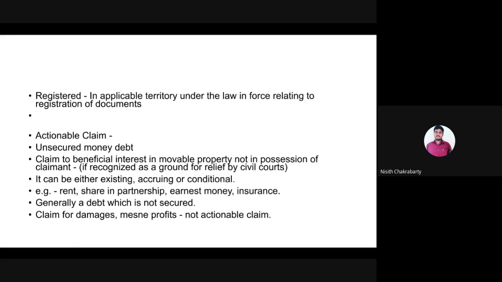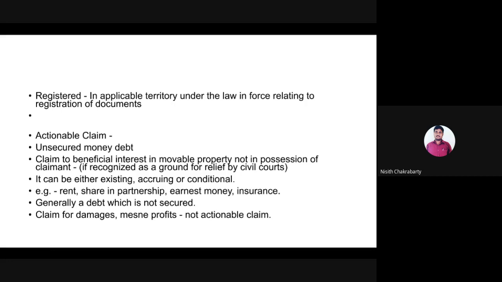So this says that if it is a claim to a beneficial interest in a movable property, I must have an interest which is beneficial, and it must be over a movable property only. Then in that case, a very raw example would be insurance.